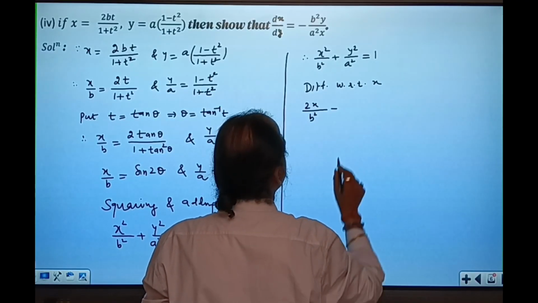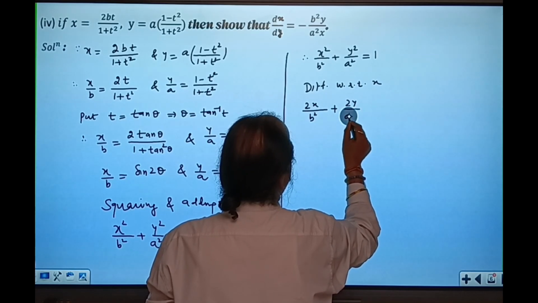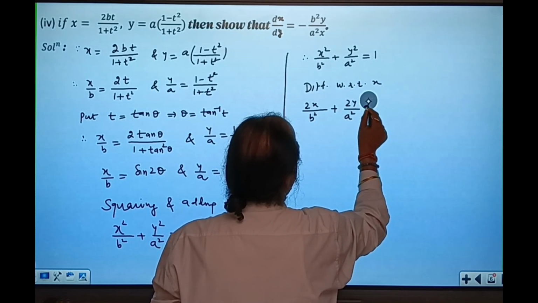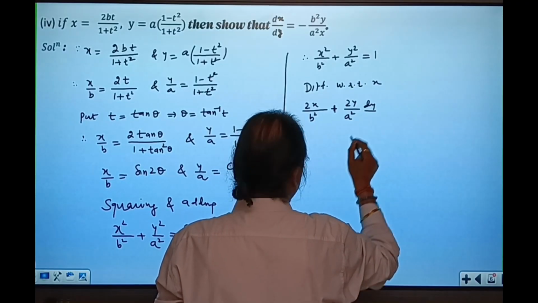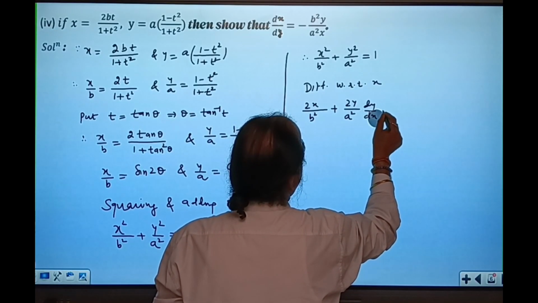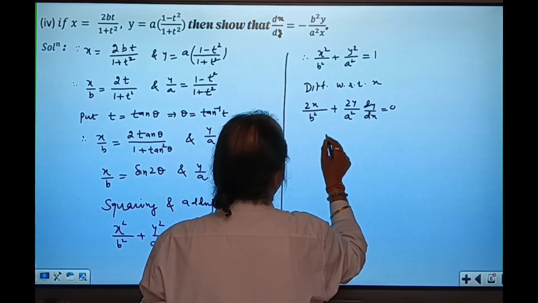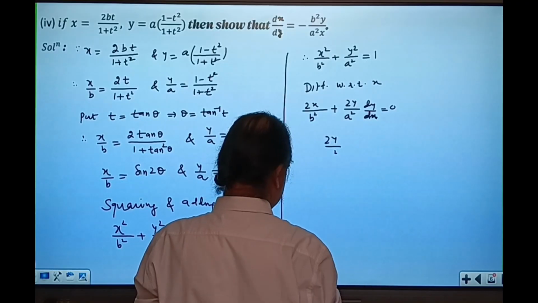2x upon b square plus 2y upon a square dy by dx equals 0.